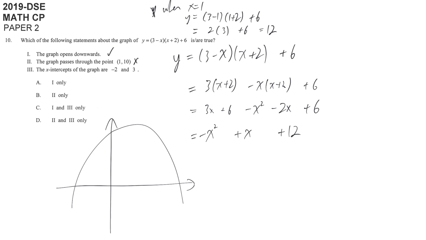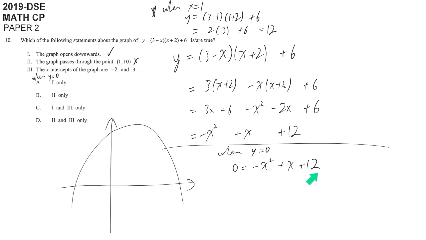We have to find the x-intercept and y-intercept. That means we have to consider the x-intercept, when y is equal to 0. So from this calculation, when y equals 0, 0 is equal to negative x squared plus x plus 12.